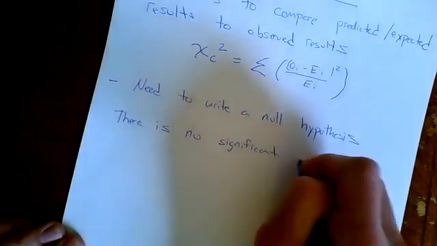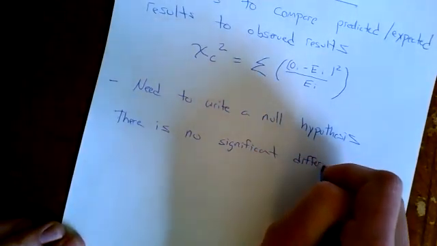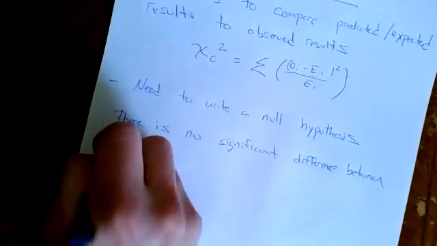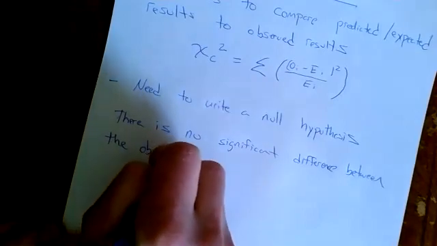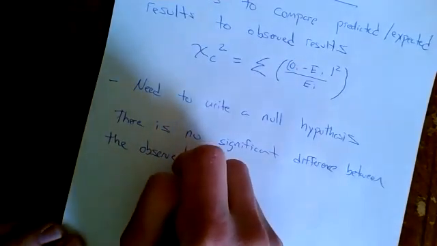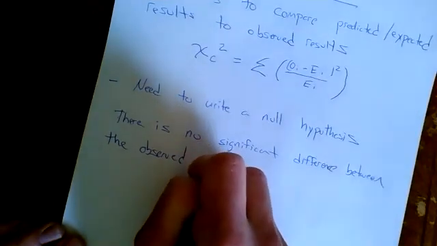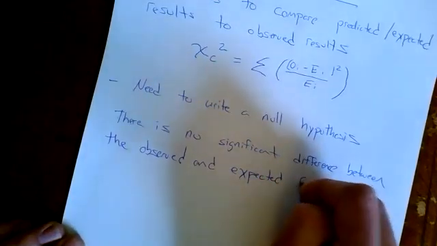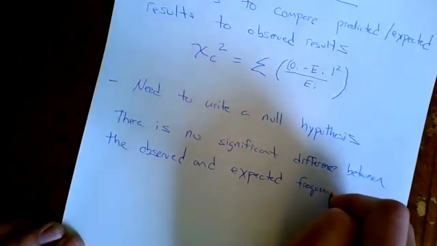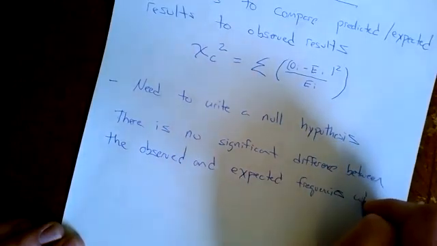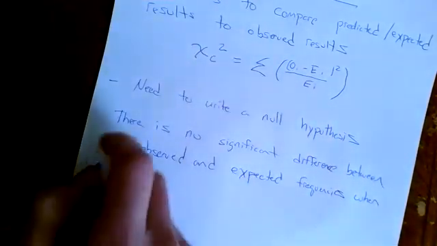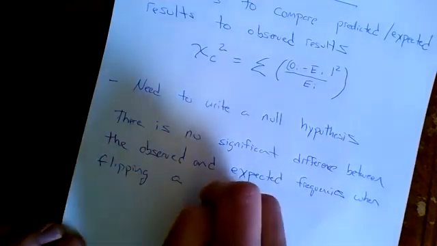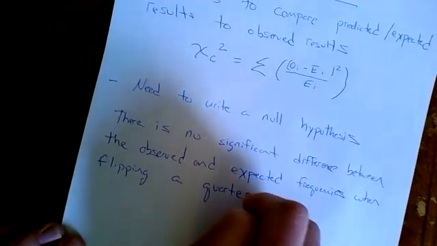significant difference between the observed and expected frequencies when flipping a quarter.